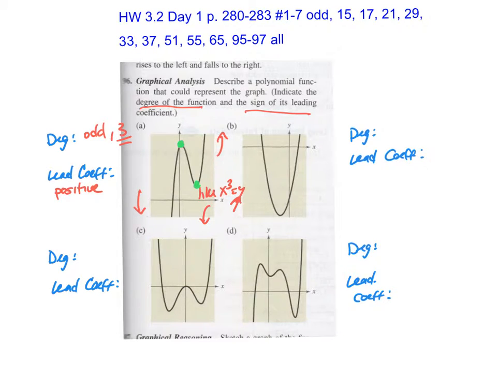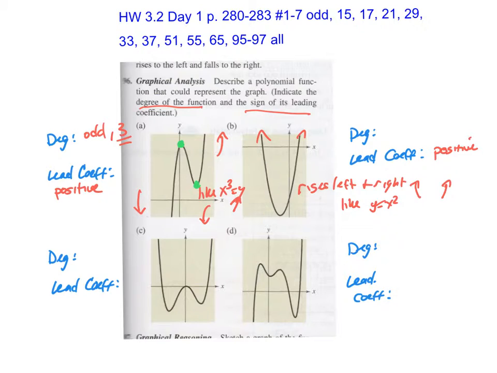The next graph. Here, let's look at the end behavior. As far as end behavior goes, this graph rises left and right. So the ends look like that. Since both ends are rising, this is like the graph of y equals x squared, which means that it has a positive leading coefficient.